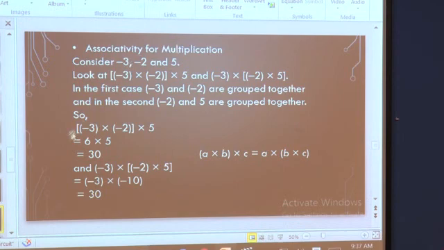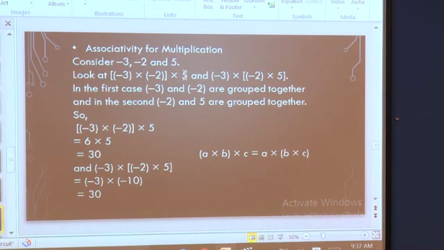You can take your own integers and do the grouping and find the answer. Look here, I have grouped -3 and -2. That is, I have written in a square bracket -3 multiplied by -2, multiplied by the remaining integer, which is +5.